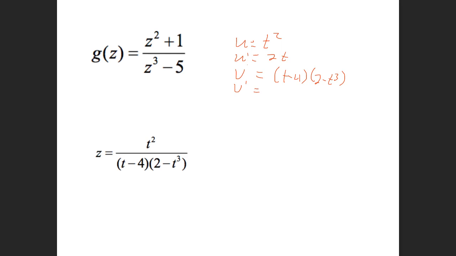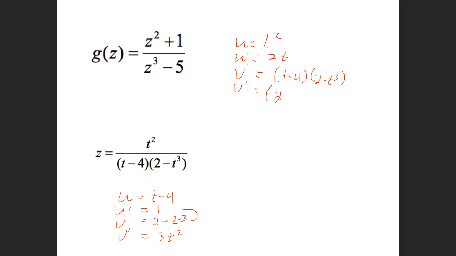So down here, I'm going to do u prime, v prime. So u is t minus 4. The derivative of that is just 1, isn't it? V is 2 minus t to the third. So v prime is negative 3t squared. Okay, so inside, that's going to be my derivative here.